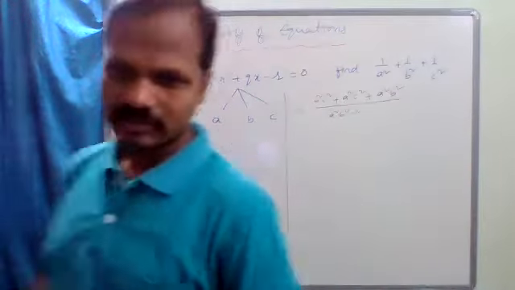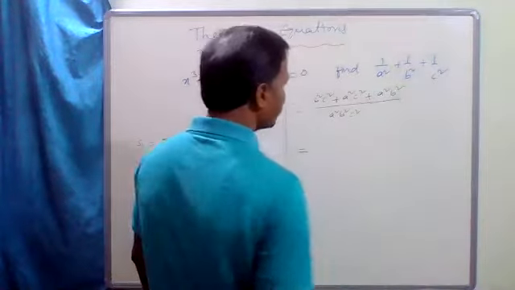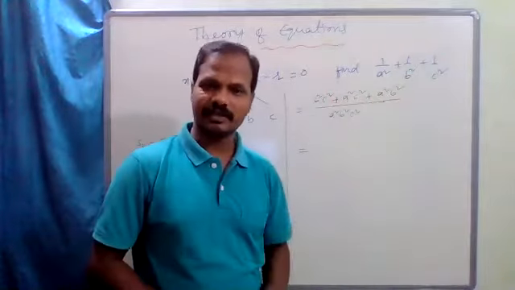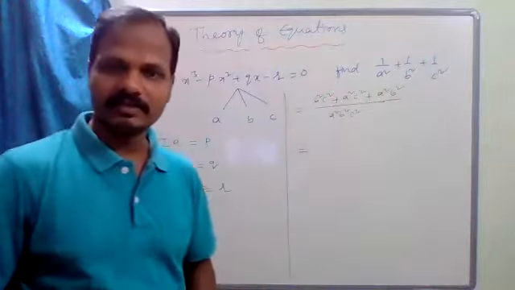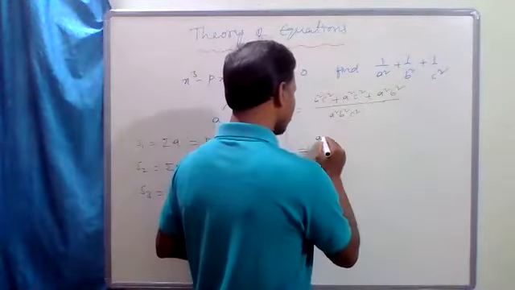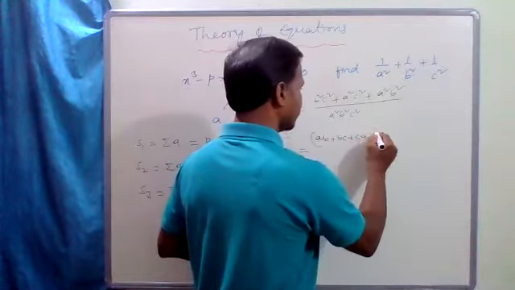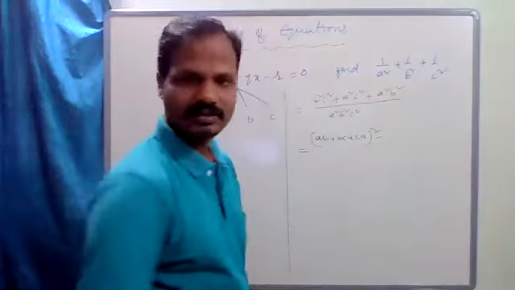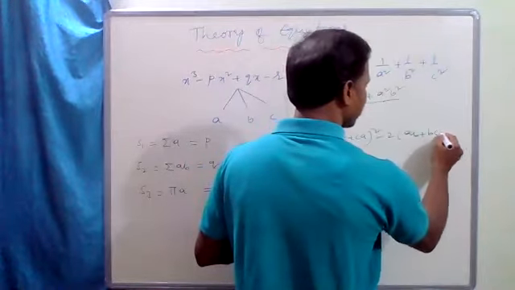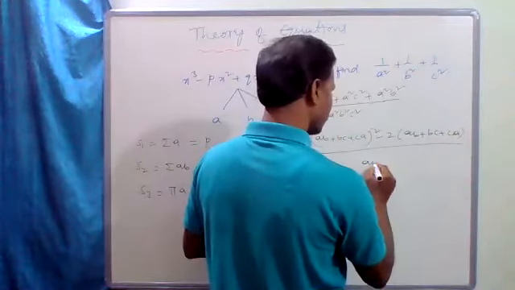In the numerator, this is of the form a square plus b square plus c square, which can be written as (ab plus bc plus ca) whole square minus 2 into abc times (a plus b plus c).